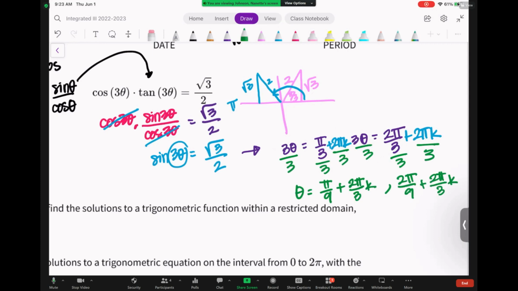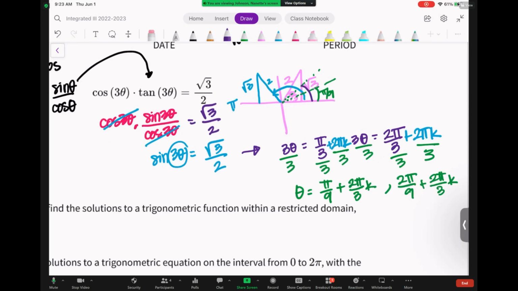So can you imagine yourself dividing this one piece of pizza into 3 slices like that? And then this one as well, and then continue all the way through. If you think that your answers are only pi over 9, this guy is pi over 9, and 2 pi over 9, which would be this guy here.